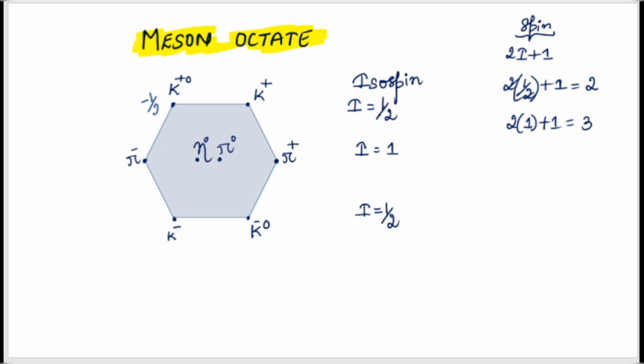Here, third component will be minus half, here it will be plus half, here it will be minus 1, here it will be plus 1, and here it will be minus half again, here it will be plus half. Whichever I am writing in a light blue color, that is nothing but the third component of the isospin, that is I3. The third component of the isospin I3.